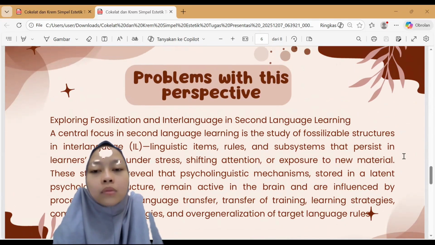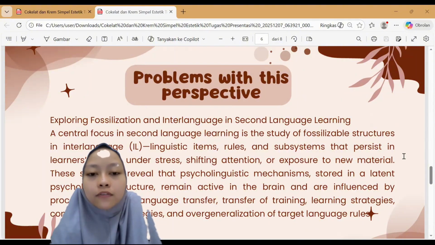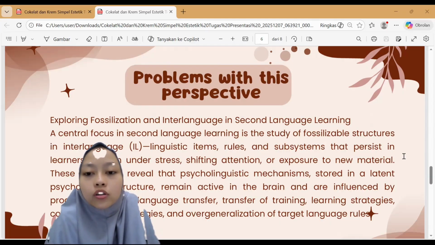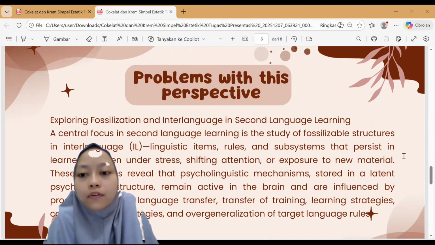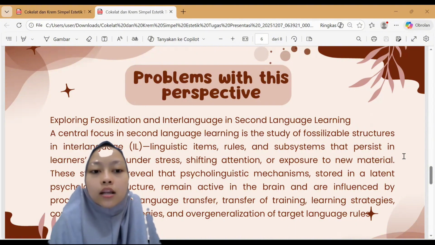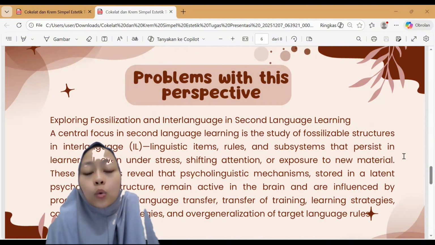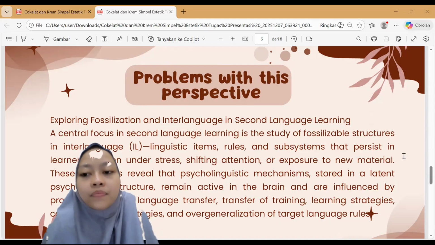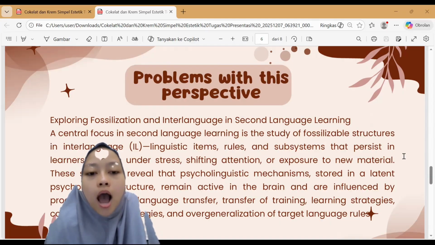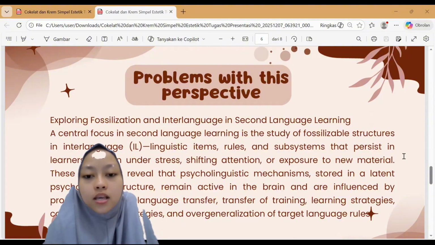Okay, here are problems with this perspective. Exploring fossilization and interlanguage in second language learning. A central focus in second language learning is the study of fossilizable structures in interlanguage: linguistic items, rules, and subsystems that persist in learners' IL even under stress, shifting attention, or exposure to new material.